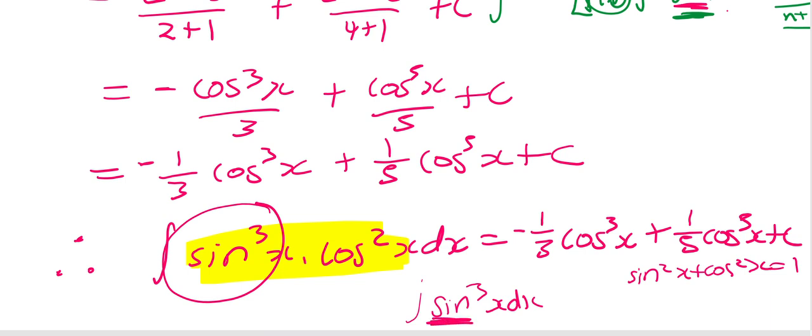Then you split it into an even and odd part, and once you split, you had a term that had sine squared x.